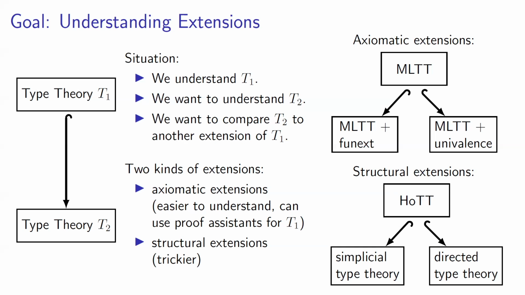So when I started doing type theory, people liked normal Martin-Löf type theory a lot. But people also often just said, well, actually, we also would like function extensionality, so let's just add it as an axiom. And that's very easy to understand for me because you can still use the same proof assistant.